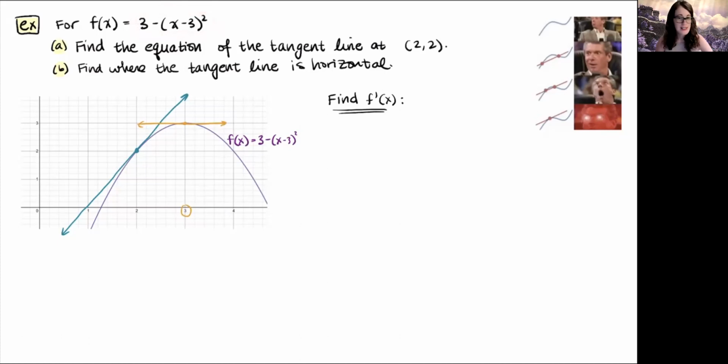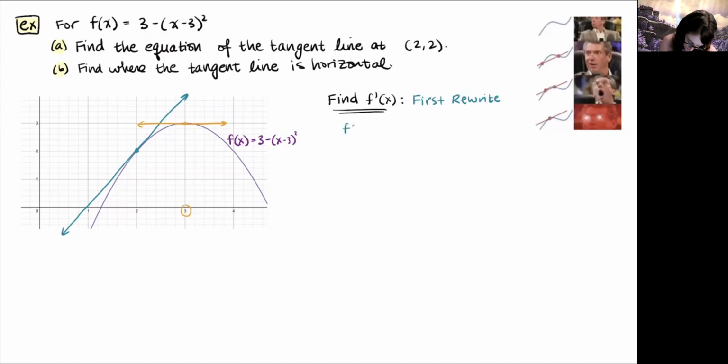So we're going to need to rewrite this function in a way where we don't have that x minus 3 to the second power. If it were just x to the second power, that's fine, but it's not. It's x minus 3 to the second. So the gist of this is to basically expand, like FOIL out, and get it to look like a polynomial that we are used to seeing.